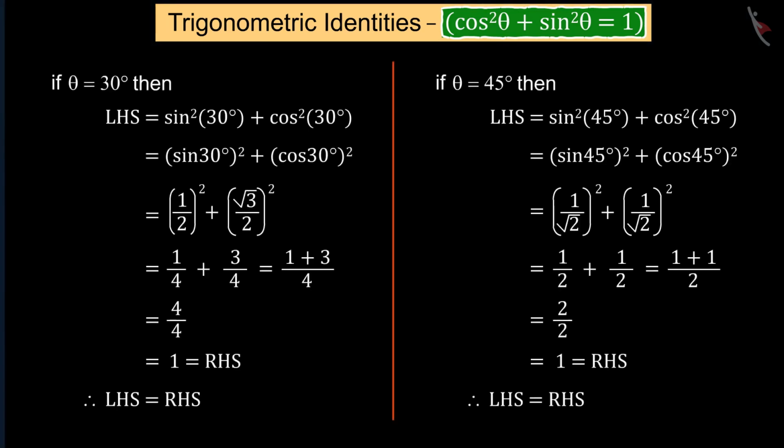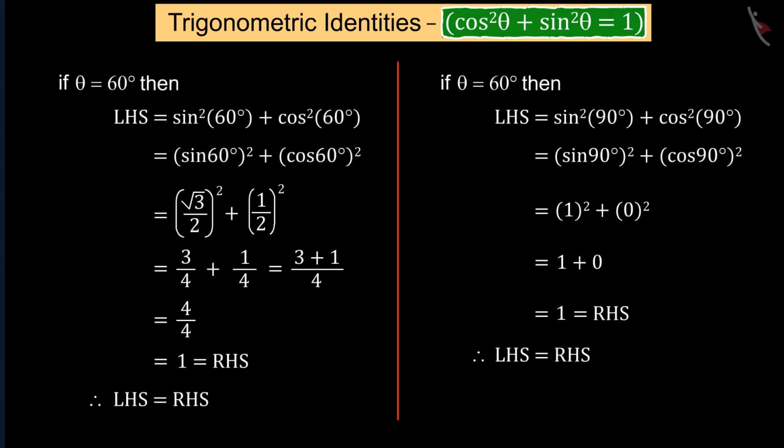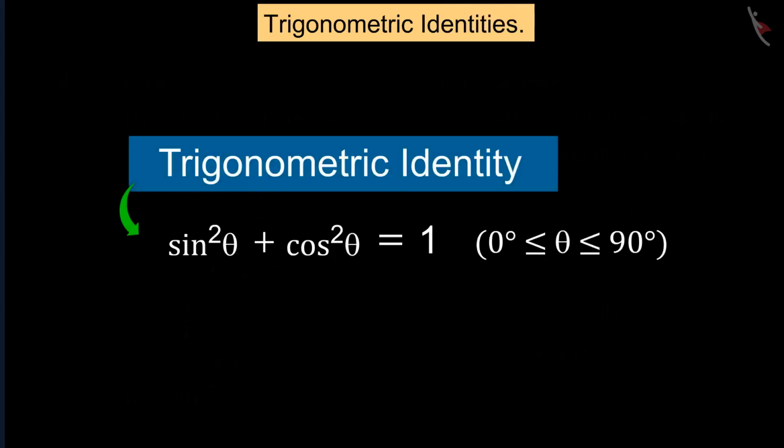Similarly, if we solve for any value of theta on the left side of the trigonometric identity, then we get values equal to the right side of the trigonometric identity. Therefore, we can say that this is a trigonometric identity where theta has a value from 0 degrees to a 90-degree angle.